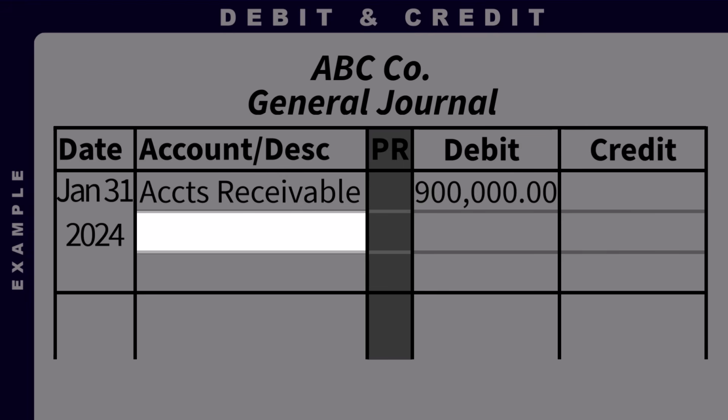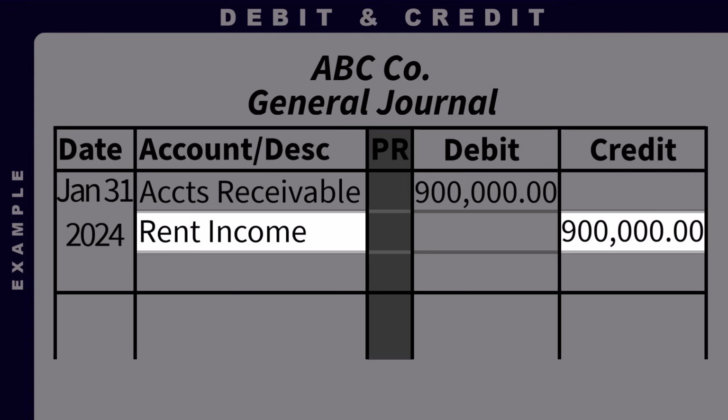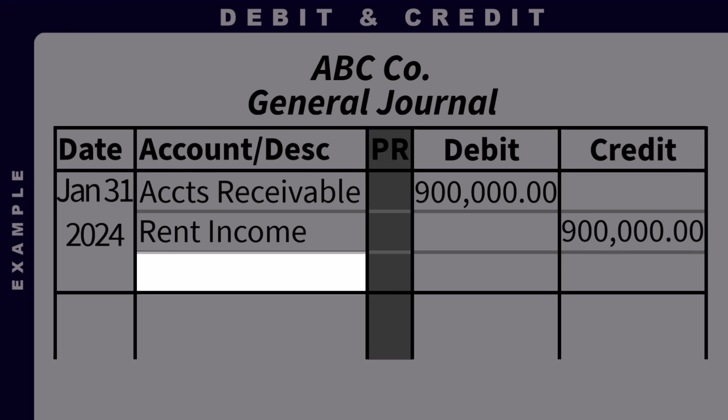The other account affected is rent income, which is a revenue account. Based on the rules of debit and credit, we credit revenue accounts when they are increased. That means we enter the amount on the credit side. The last piece of information we enter is a brief description of the transaction, and that is just a couple of words. There's no rule on how to word this. We can say something like rent income for the month of January or something like that.